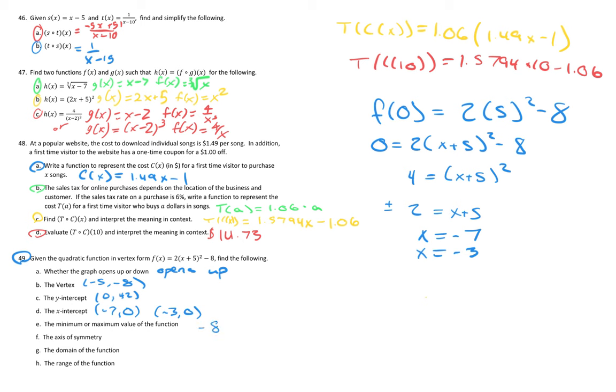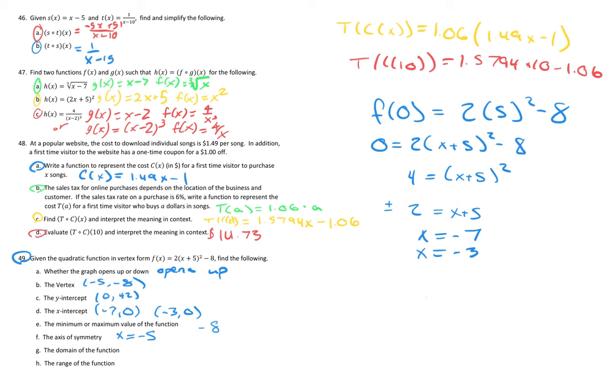Then the axis of symmetry is just the x location of the vertex, so x equals -5, because a parabola folds along that vertex and is symmetric as well.